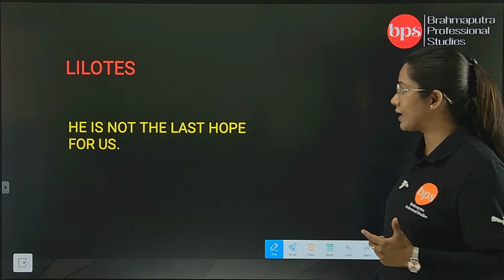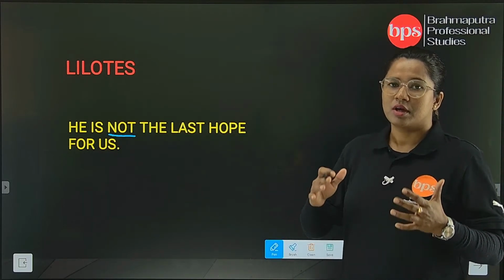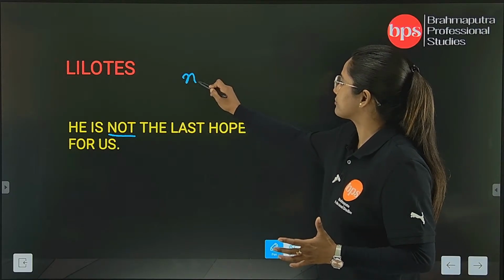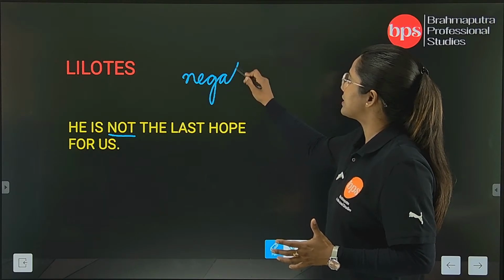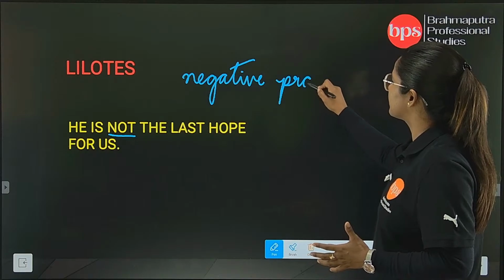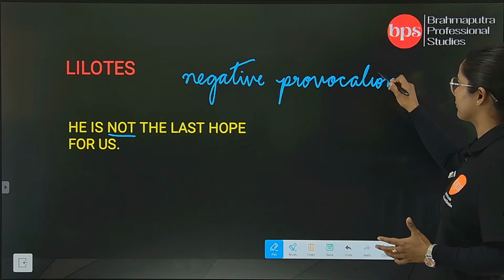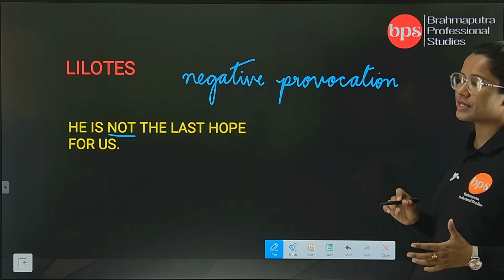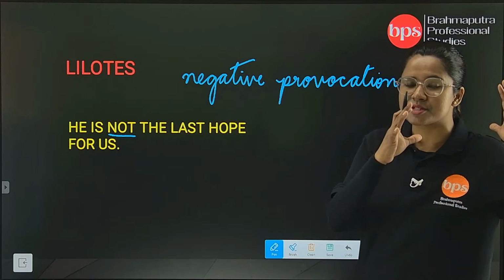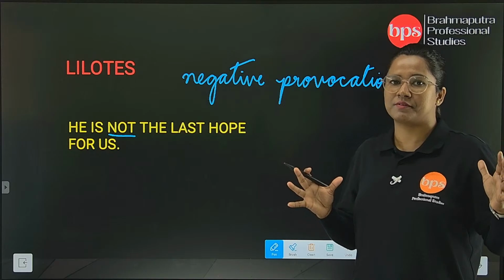That means whenever the negative terms like not or bad are used, negative provocation is used in order to actually, litotes is where the negative thing is focused specifically to emphasize the positive effect.